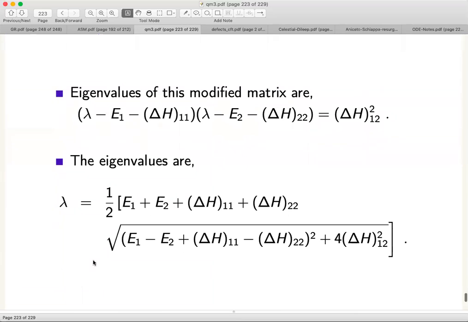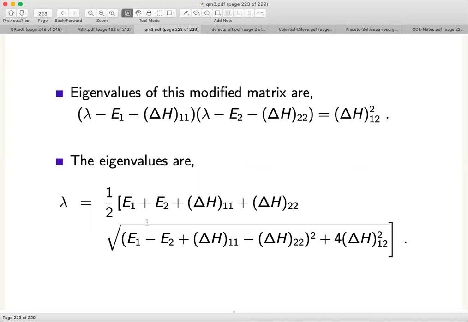In this answer, I forgot to write plus minus here. Coming back to this, these are the two eigenvalues.